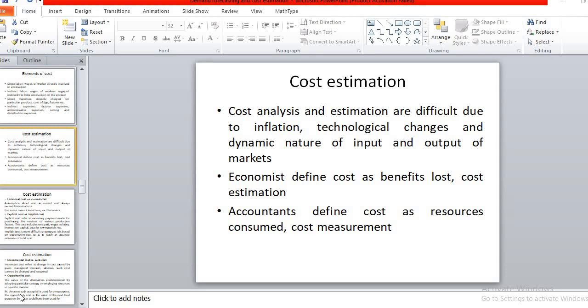They just collect data related to the cost of the resources consumed, and economists estimate the cost for a particular product or project, and define cost as a benefits cost. So according to both views, cost is different. One is the estimated cost, and another is the cost measured from actual consumption.